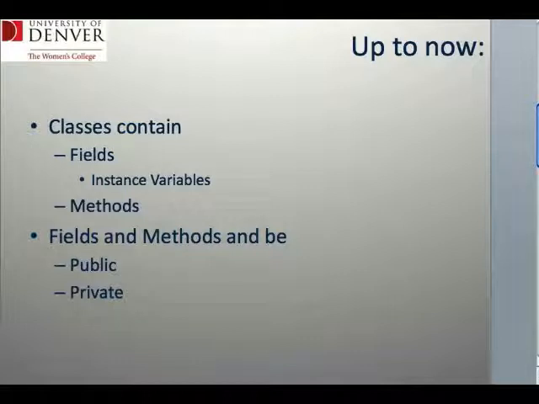It's the data about the class, and they also contain methods, which are the functions, the subroutines, whatever you want to call them, that we use to manipulate the data of the class. We also discovered that fields and methods can be either public or private. If they're public, they can be used by anybody in the world. If they're private, they can be used only from within the class.